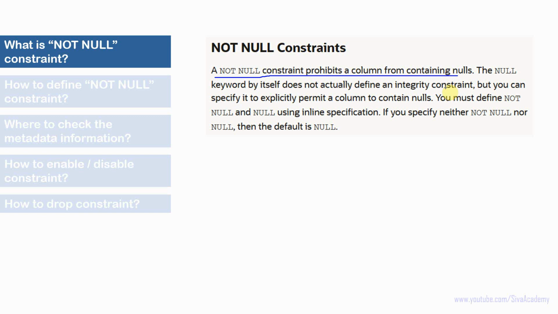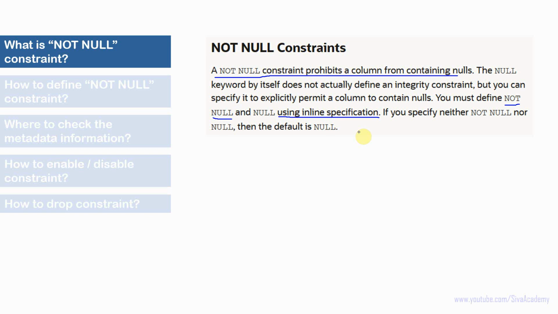Okay, let's see how to define the not null constraint. We just need to say the not null keyword using the inline specification. What I mean by inline specification is that we specify this not null keyword as part of the column definition, when we are writing the table creation script. If you are not specifying the not null keyword, the default behavior is null.